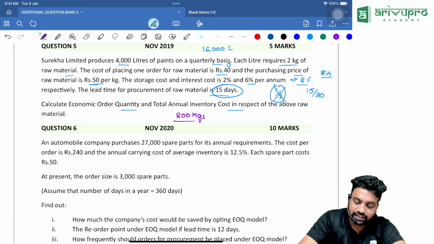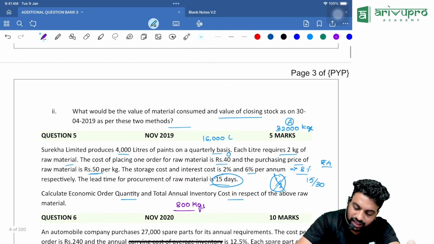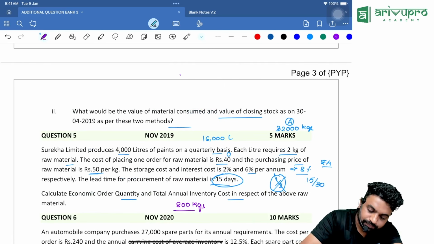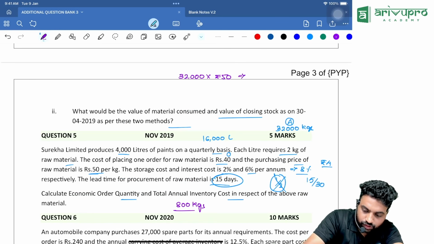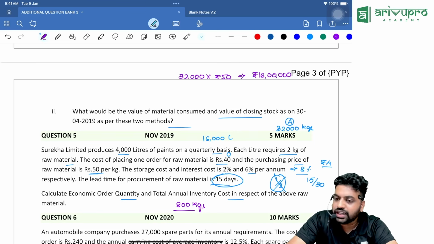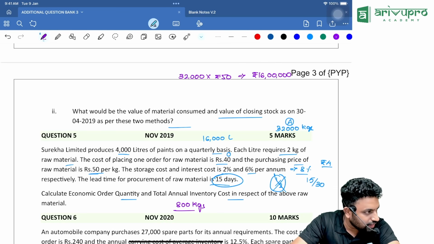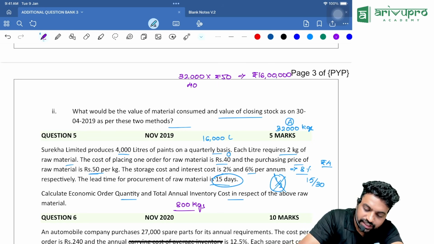And they are also asking total annual inventory cost, which means 3 costs will be there. First, purchase cost. Purchase cost will be 32,000 into rupees 50, which is rupees 16 lakh. Now, guys, 32,000 kgs you need. Each and every order you are placing for 800 kgs, which means 40 orders you have to place. 40 orders, and that will cost you 40 rupees each, so 1,600.